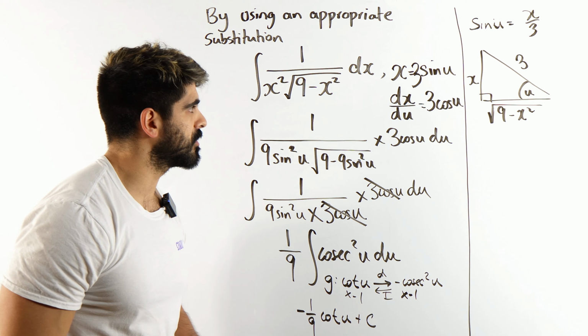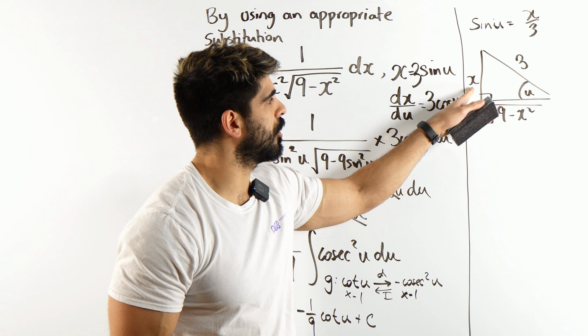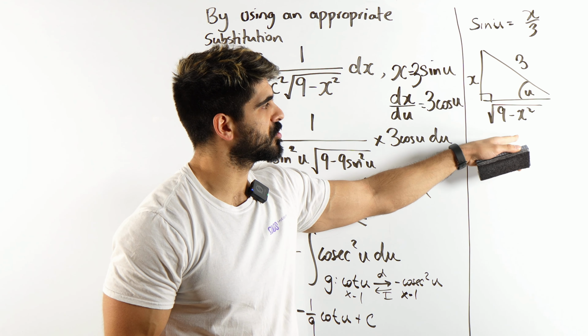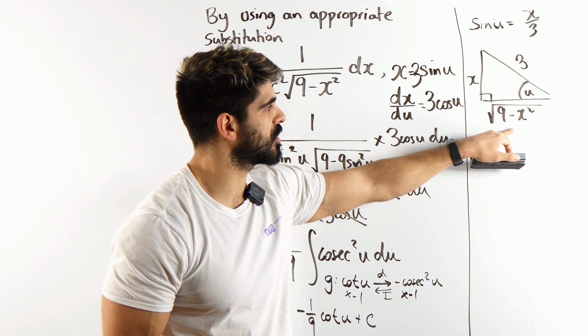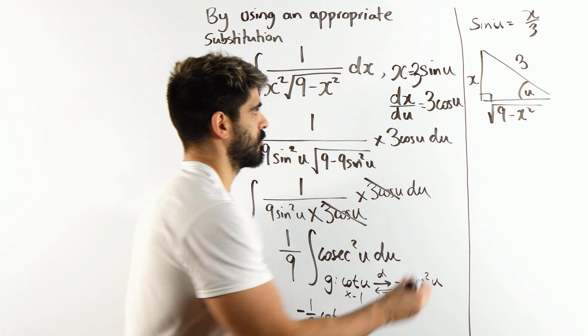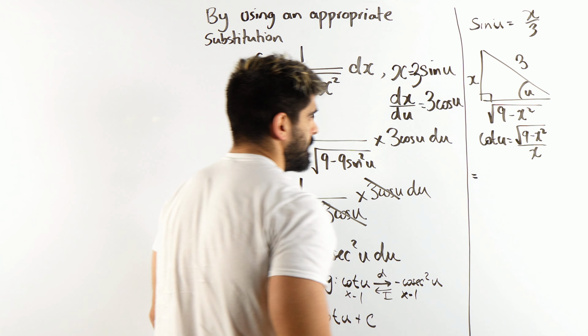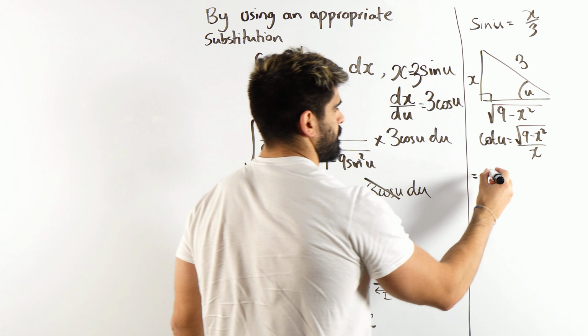Now we want cot. It depends how you want to think of it. So tan, what does tan do? Tan measures the relationship between the opposite and the adjacent. So cot will be the reciprocal of that. It will be the adjacent over the opposite. So cot of u is this over x. And that's going to give us our answer, isn't it? So our integral is going to be minus a ninth.